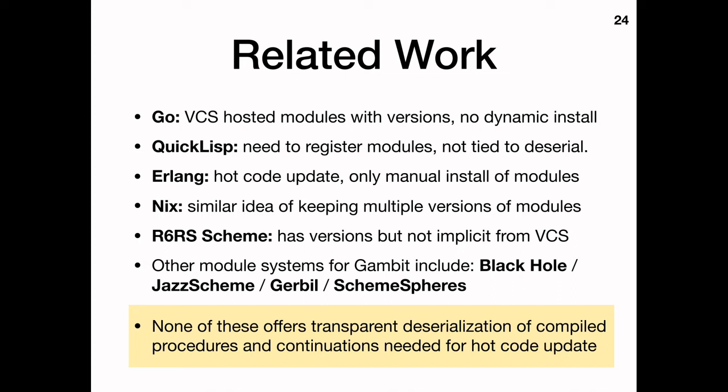QuickLisp, you are able to install a module the same way we do in our system, but it's not tied to deserialization. The Erlang programming language offers code update. It's only manual install.